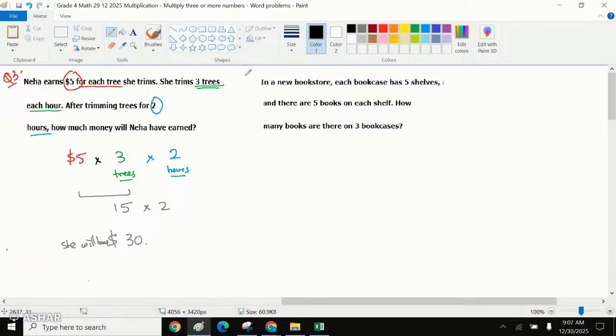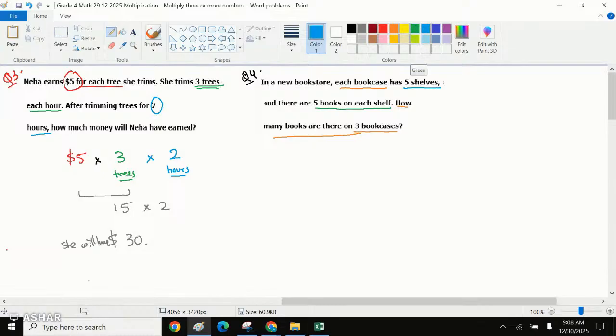Question number 4 says, in a new bookstore, each bookcase has 5 shelves. There are 5 shelves, and there are 5 books on each shelf. Since each bookcase has 5 shelves, they're asking us about how many books would be there on 3 bookcases, right?